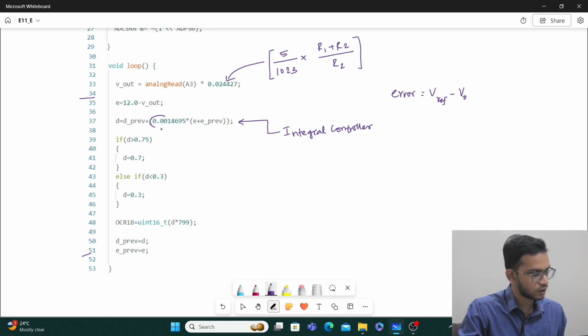This whole number actually comes from Ki into Ts into half.